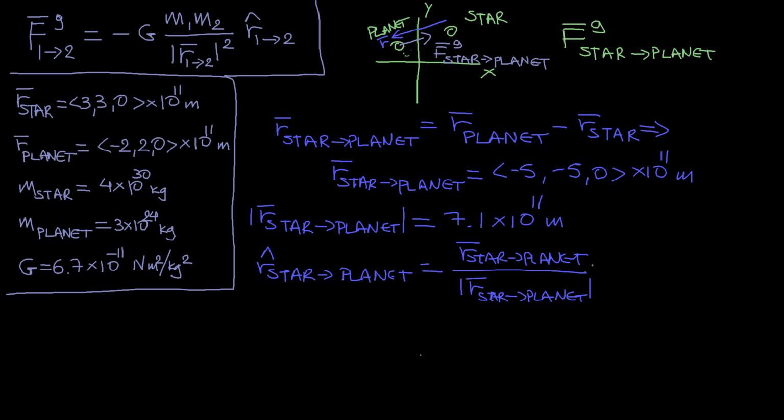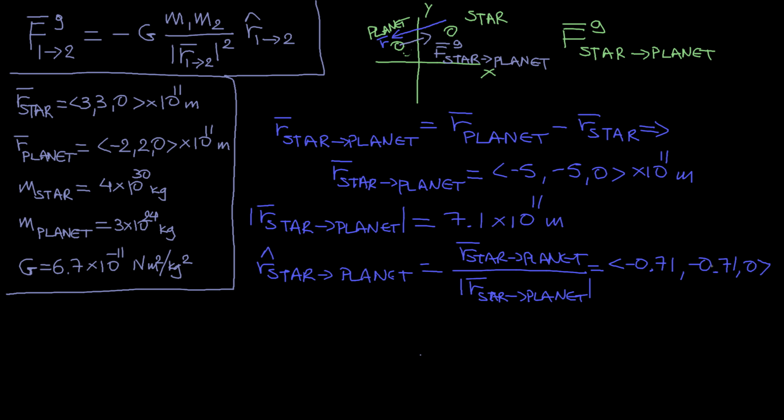Now, if you do these calculations, you will find this unit vector to be minus 0.71, minus 0.71, and 0. Note that the unit vector doesn't have any units, so I don't need to include m here or anything else.